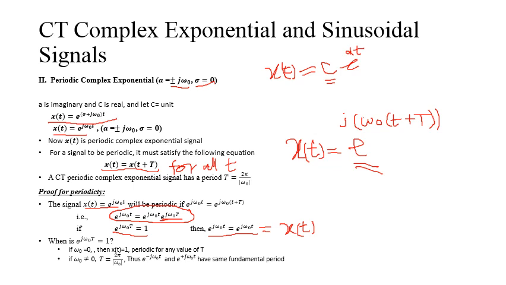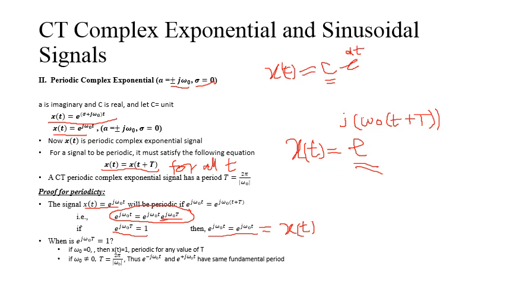So e power j omega naught T equals 1 when omega naught equals 0, because anything multiplied by 0 will result in 0, and e power 0 is equal to 1, so the condition is satisfied. If omega naught equals 0, then x of t will be a constant. Why?